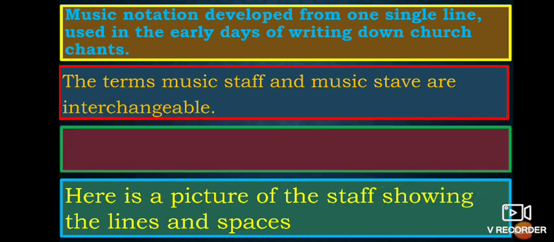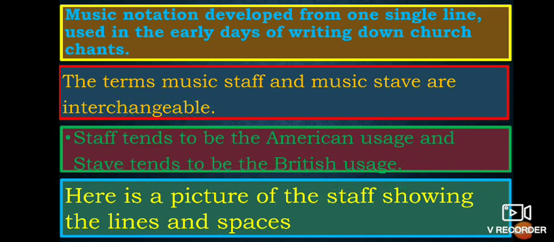The terms music staff and music stave are interchangeable. We can call it staff and we can call it music stave. The staff tends to be the American usage. That is what Americans call it.